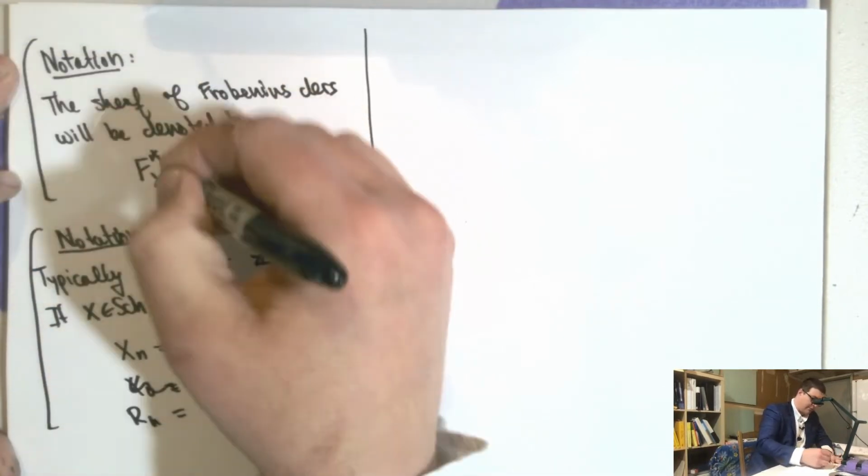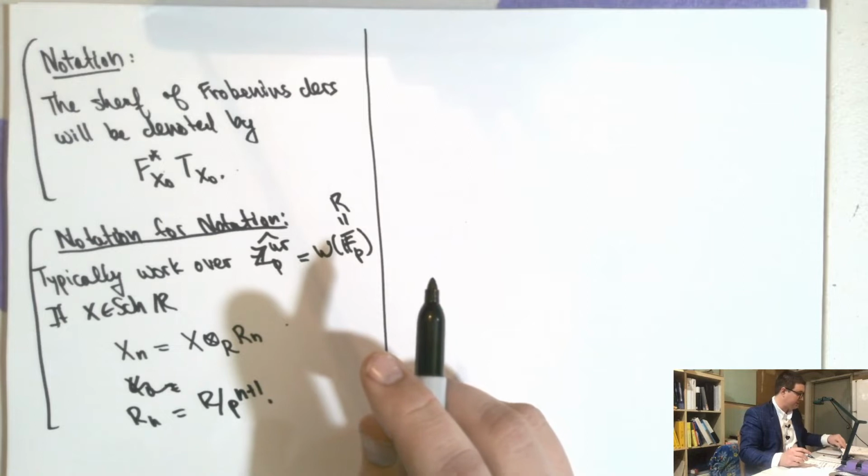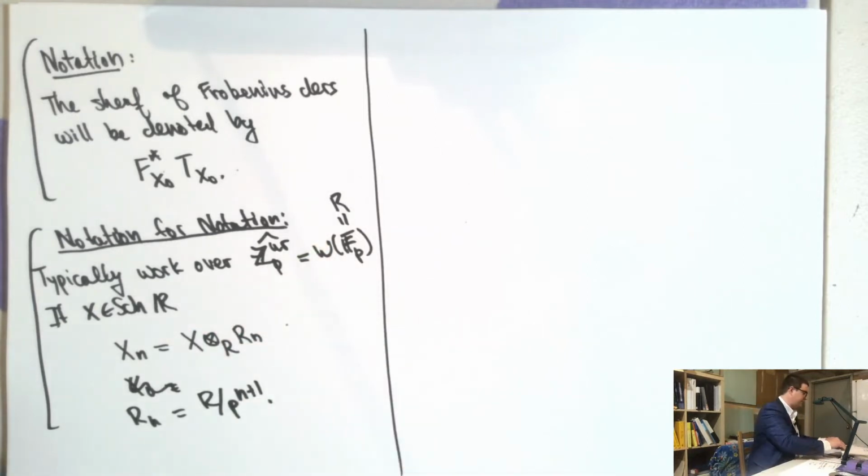And so this is actually the pullback of the Frobenius tangent sheaf by the absolute Frobenius.